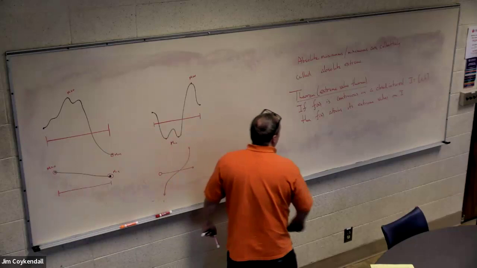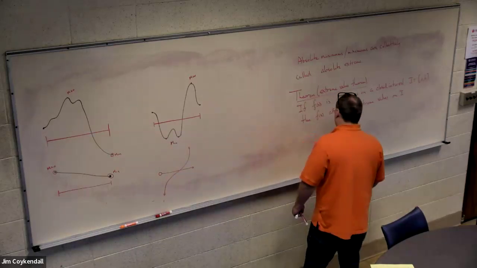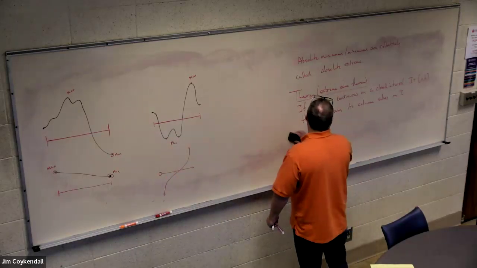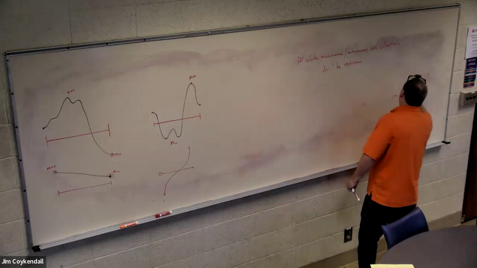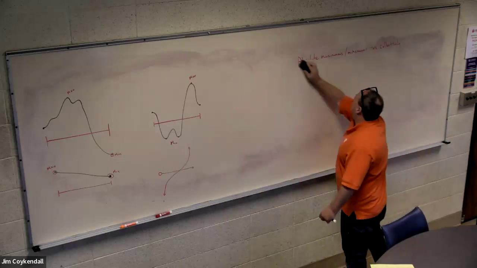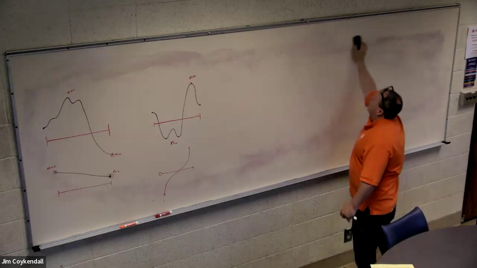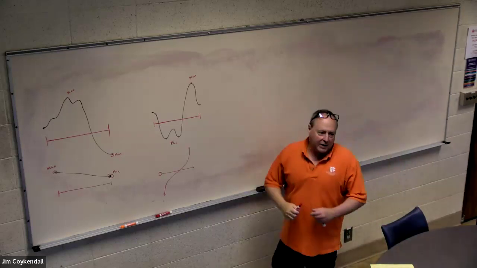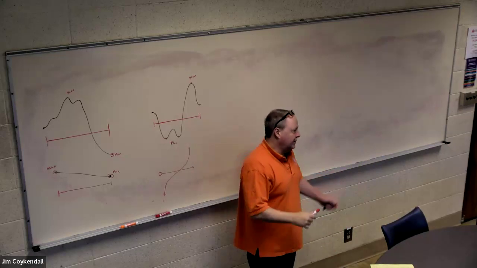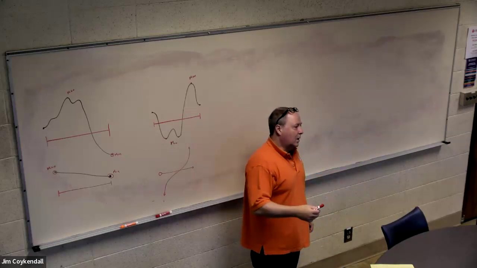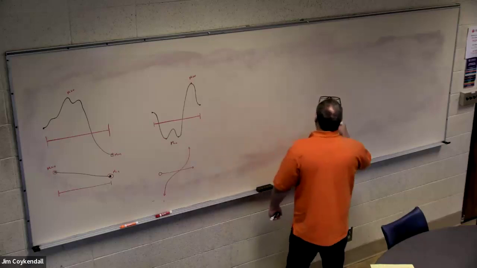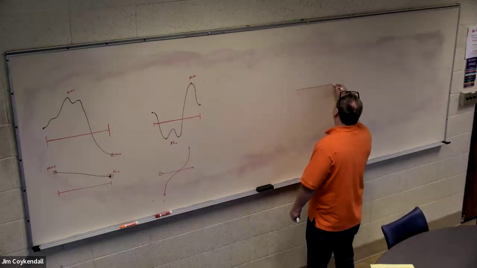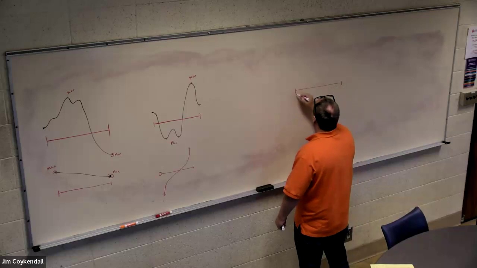Now, let me point out the following. What the extreme value theorem says is if you have a continuous function on a closed interval, then you have extremes. It doesn't say it the other way. It is possible sometimes to have extreme values even if you're not continuous, for example. So you have this.